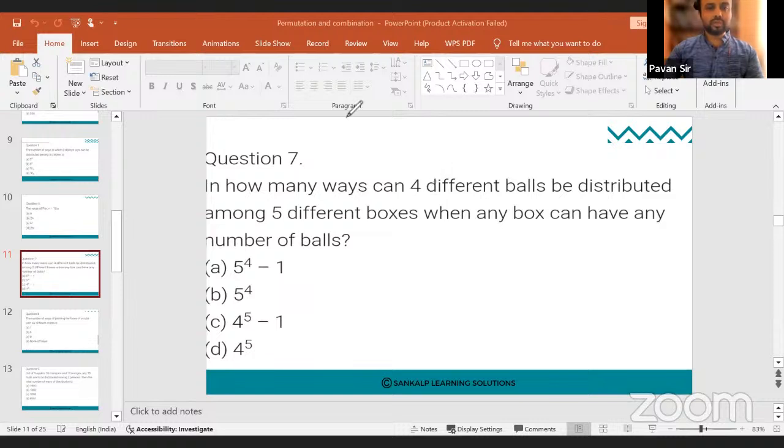Om Shri Krishna has given the option B as the answer.